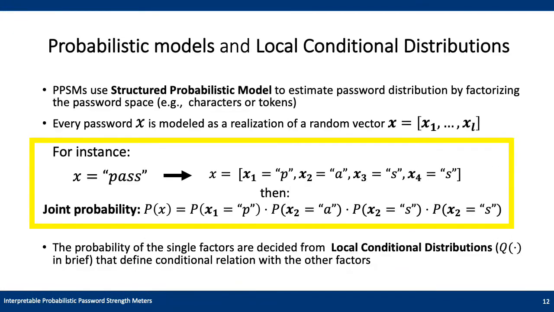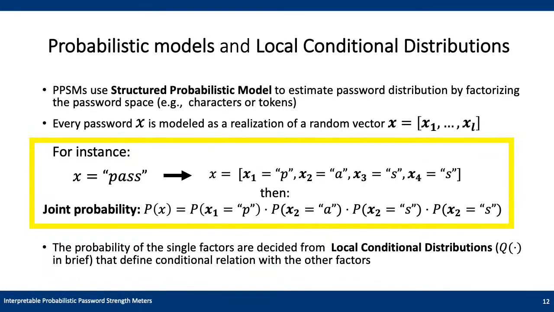To be precise, the used probabilistic models are structured probabilistic models. Those, to perform the mass estimation, factorize passwords in a sequence of random variables, rather than evaluate them atomically. Commonly, passwords are segmented at character level, that is, each character in the string is described as a single random variable.